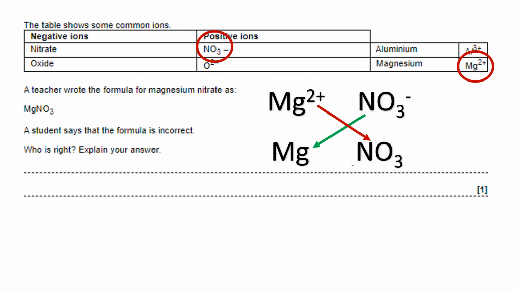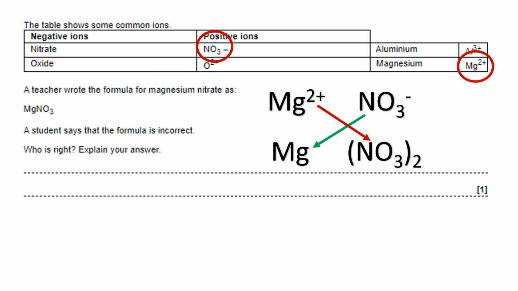I could write 1 in, it doesn't matter, you'll still get the marks. And then this one here. Now, the problem is if I put a 2 next to that 3, it's going to read 1 nitrogen and 32 oxygen. That's not right, is it? This polyatomic ion is acting as one thing. And so the whole thing, NO3, I need 2 of them. I'm going to put brackets around it, the 2.